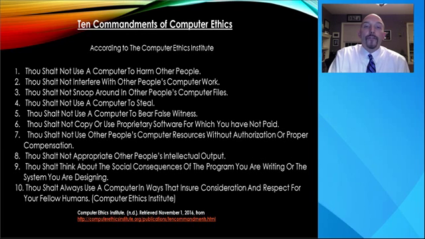Thou shalt not use a computer to harm other people, shall not interfere with other people's computer work, shall not snoop around in other people's computer files, shall not use a computer to steal, shall not use a computer to bear false witness, shall not copy or use proprietary software for which you have not paid, shall not use other people's computer resources without authorization or proper compensation, shall not appropriate other people's intellectual output, shall think about the social consequences of the program you are writing or system you are designing, shall always use a computer in ways that ensure consideration and respect for your fellow humans.